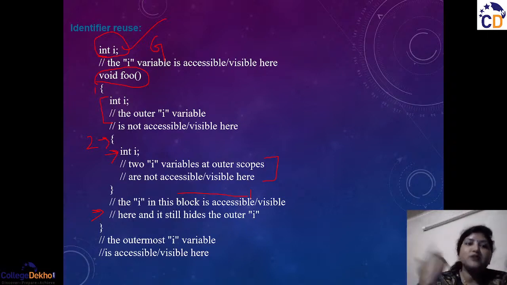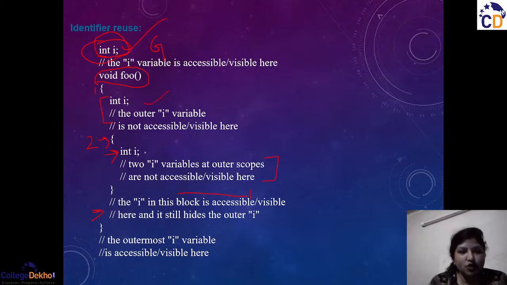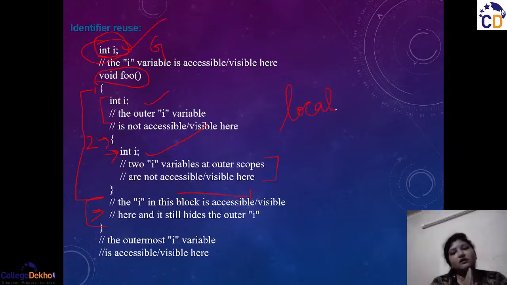Outside our function, the outermost variable can be accessed by any of the functions, because this i is a global variable, whereas within this particular block we have defined its scope as local. Its scope is not global.